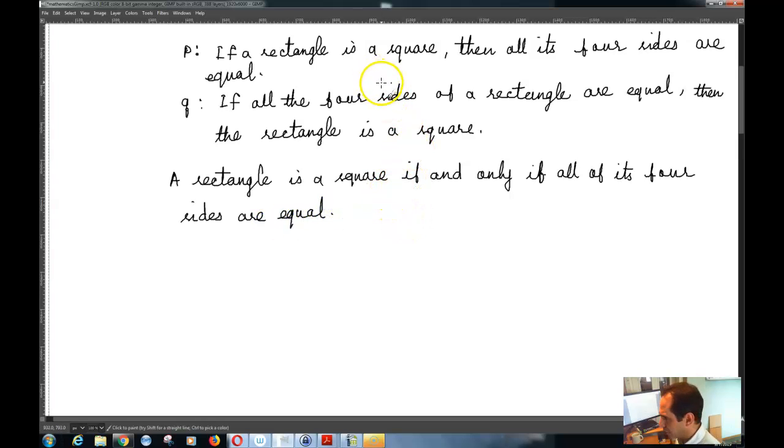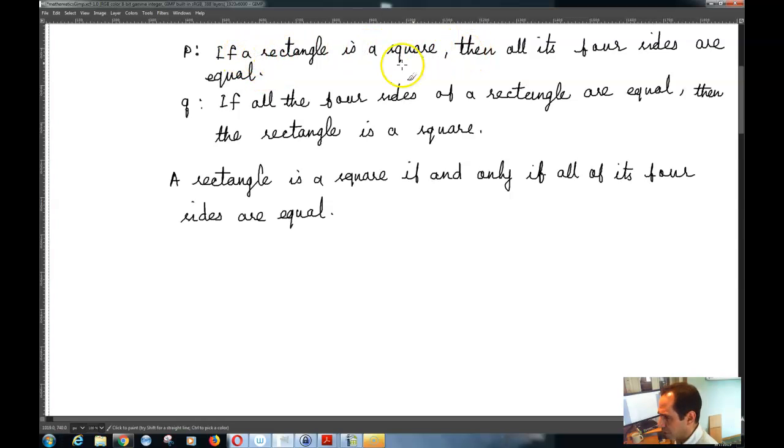So essentially what you have is, if a rectangle is a square, then all of its 4 sides are equal.